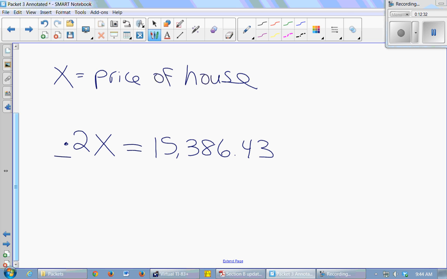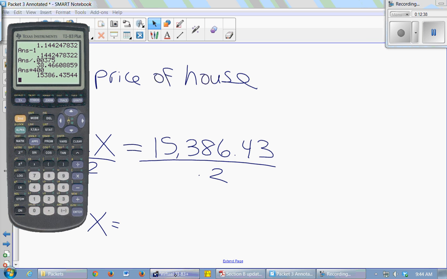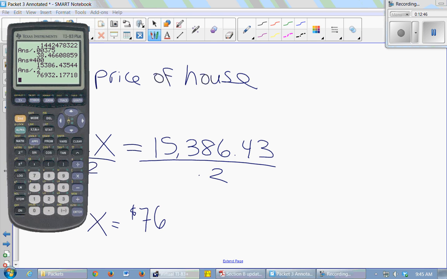Just divide by 0.2. So X, the price of the house that she can afford, if she needs that to be her down payment, is $76,932.17.